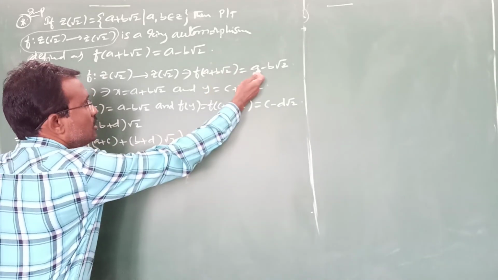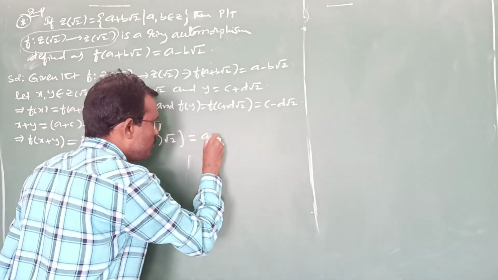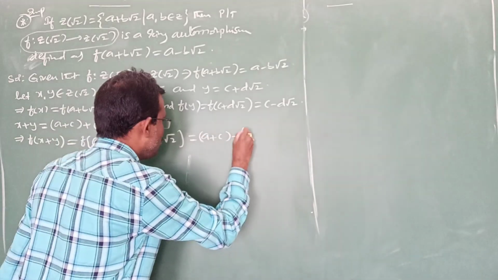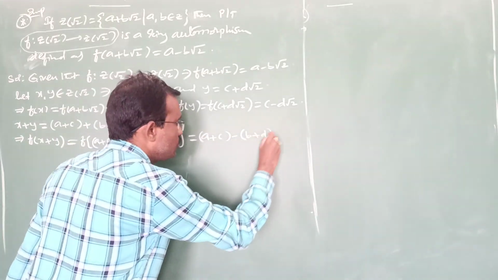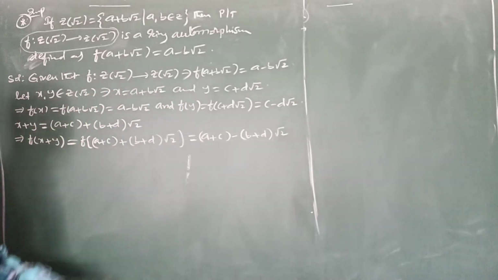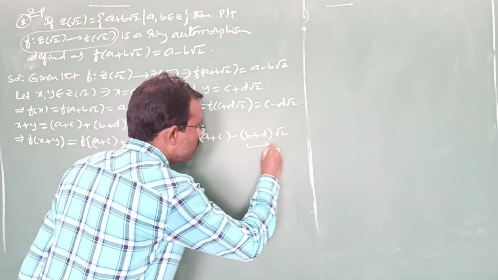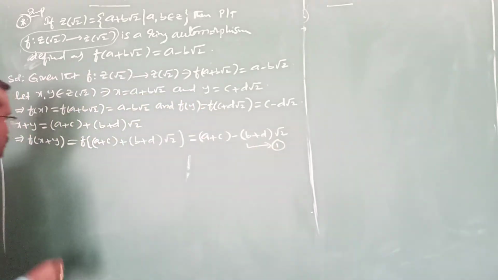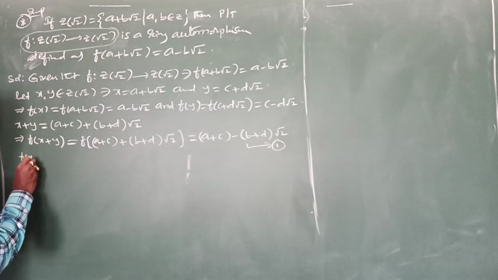According to this definition ma, it is what, a plus c minus of b plus d into root 2. Any problem is there? This is your f of x plus y ma, let it be this is some relation number 1. Next define f of x plus f of y separately ma.